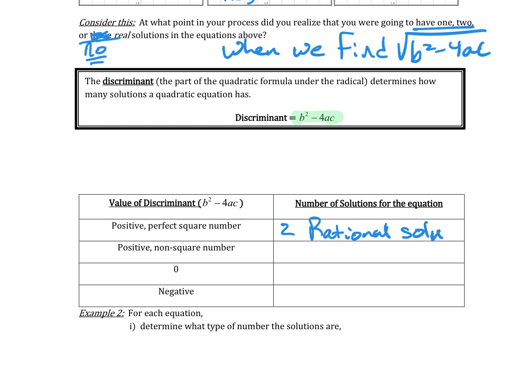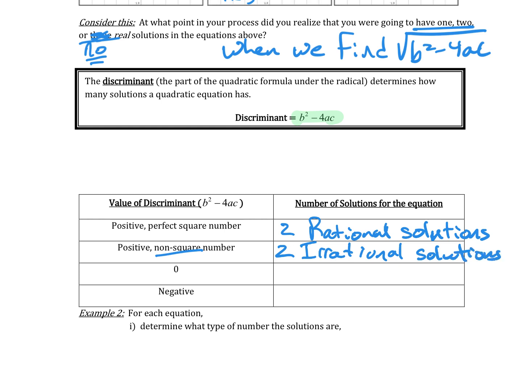So 2 rational solutions. Rational means a fraction. It could be 5, it could be -3, it could be 2/3. If it's a non-square number, we're going to get 2 irrational solutions, because there's going to be a square root in there somewhere.